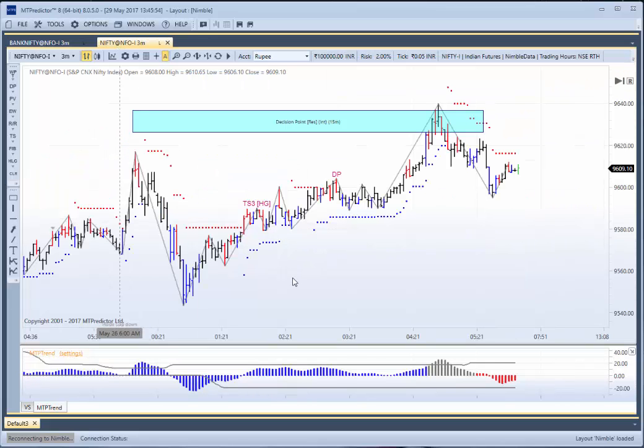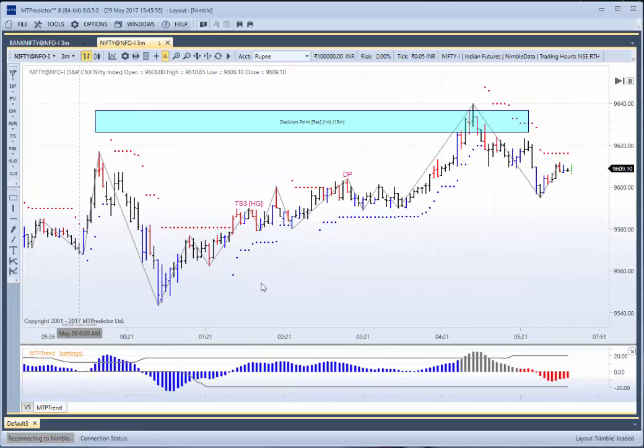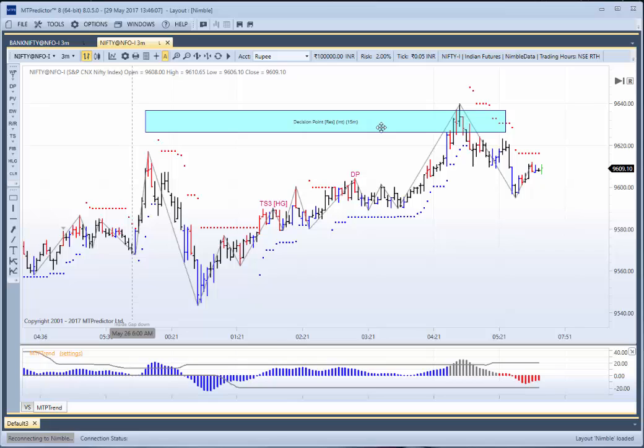Let's have a look at the Nifty. Basically the market was rallying through most of the day. We had some sell setups, but these were against our MTP blue trend, so you wouldn't have taken those anyway. But just notice where the high of the day on the Nifty was, right at our higher time frame 15-minute DP resistance. This was placed on the chart even before the market got there.